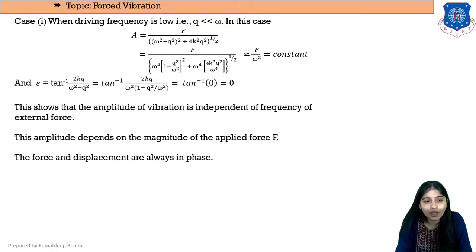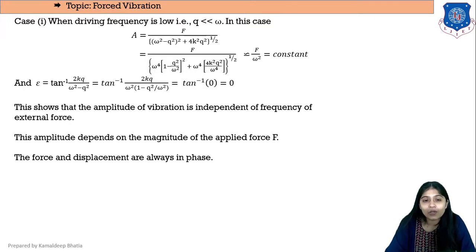which is constant. Also we know that ε = tan⁻¹[2kq/(ω² - q²)]. If we take ω² common, we get tan⁻¹[2kq/(ω²(1 - q²/ω²))], which gives tan⁻¹ 0, equal to 0.